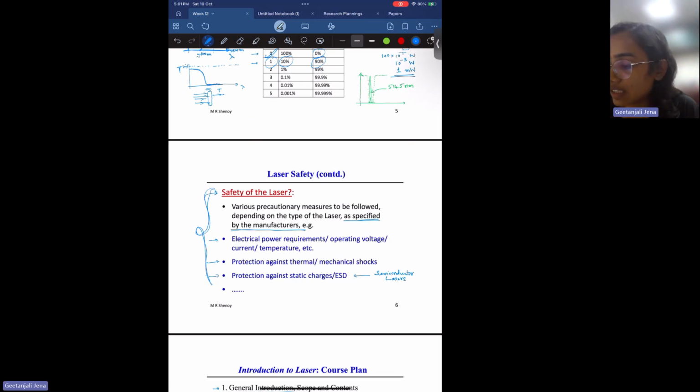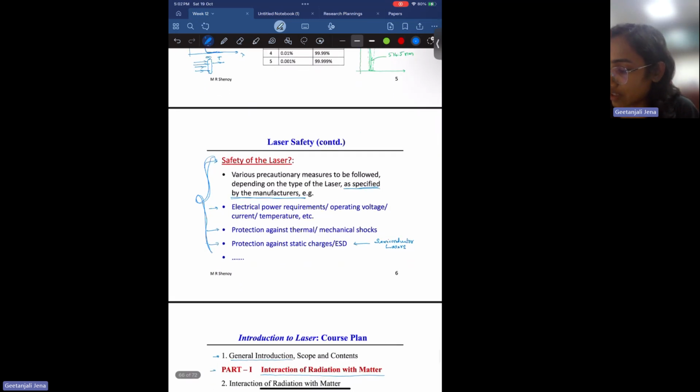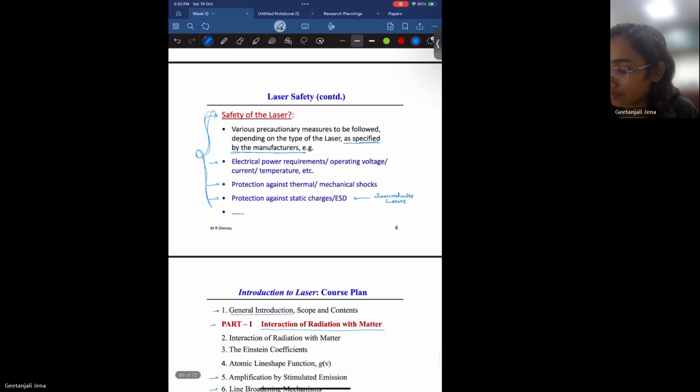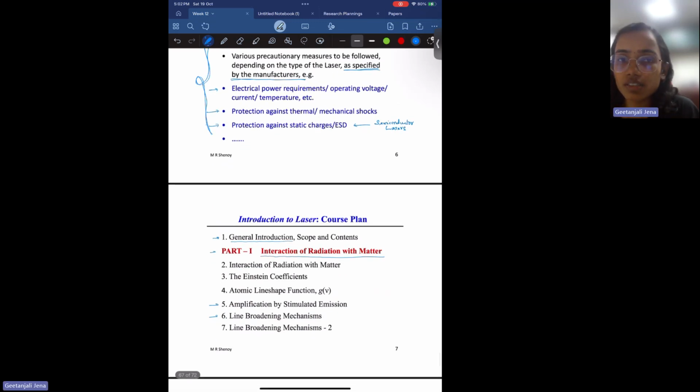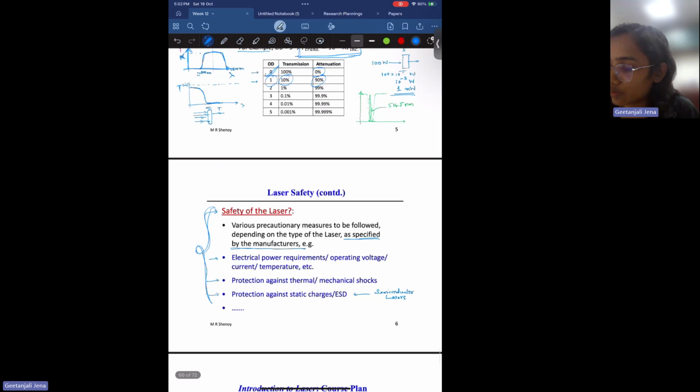The electrical power requirement, operating voltage and current will also change the safety needs. And the laser should be protected against any thermal and mechanical shock or any static charges or ESD for the semiconductor laser. Okay, so this covers the week 12 content.